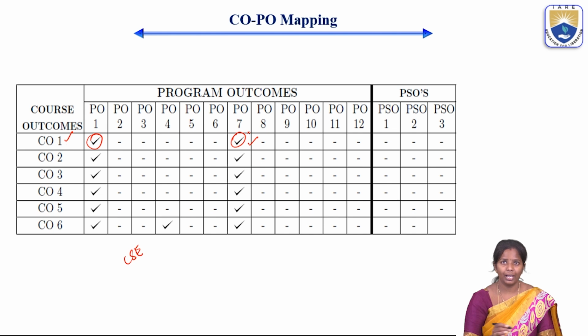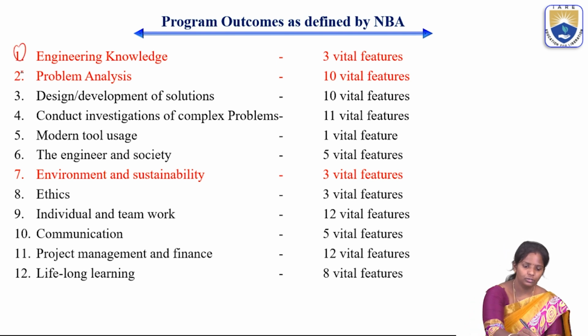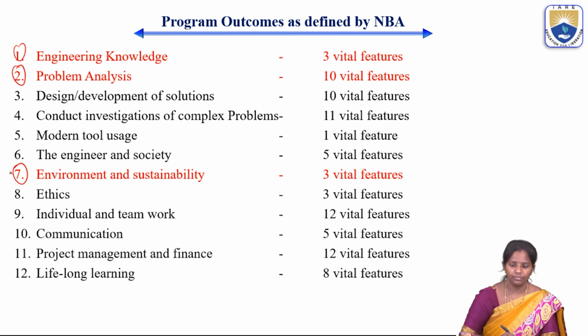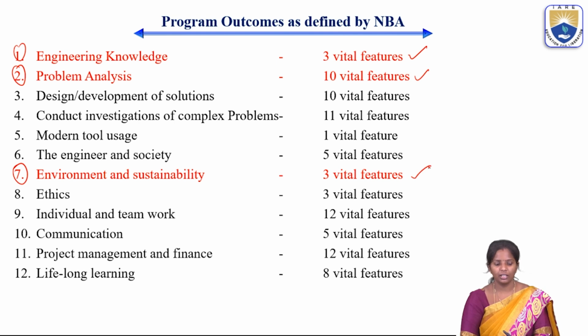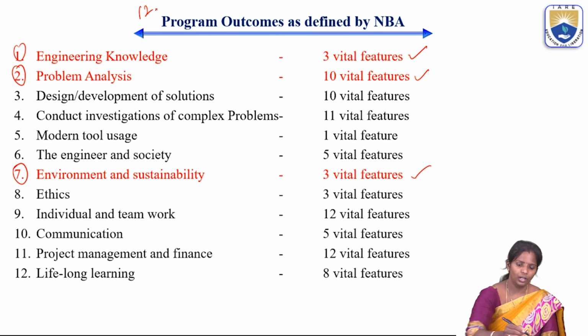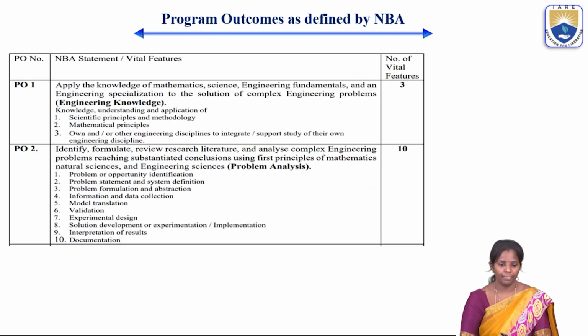This is how we map the CO and PO. Here it is 1, 2 and 7. For example, PO 2 has 10 features for problem analysis and PO 7 has 3 vital features in environment and sustainability. There are 12 program outcomes defined by the NBA.